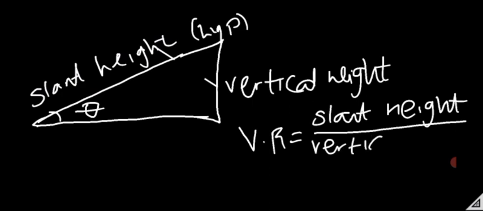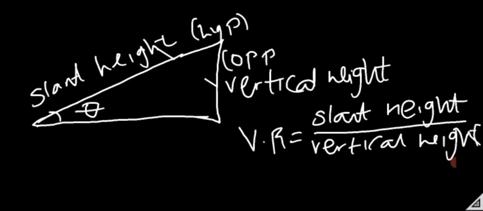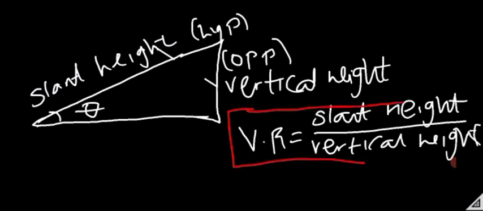And this vertical height is the opposite. We derived it on the last page. So velocity ratio for an inclined plane is formula 1, slant height over vertical height. Write this down, it's very important. Slant height over vertical height.